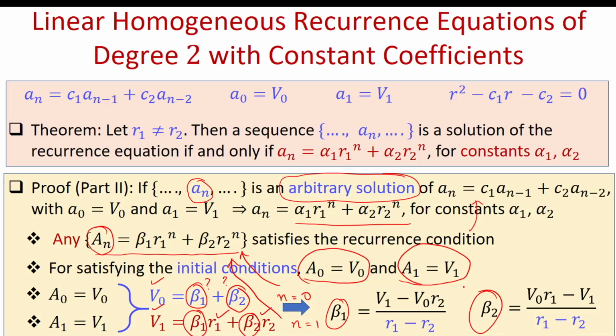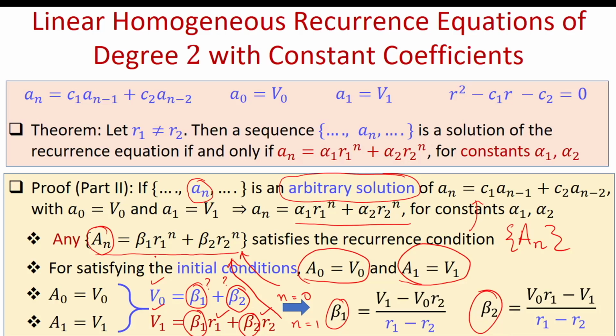That means what I have done now is I have found a concrete sequence, namely the capital A sequence, whose nth term is beta 1 times R1 power n plus beta 2 times R2 power n.